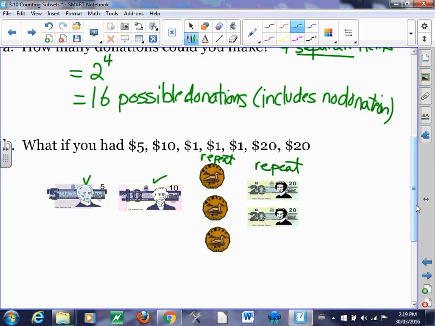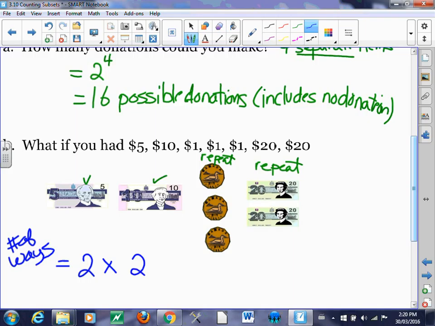So you have to deal with that a little differently, and don't worry, I'm going to give you a formula after this. To figure out the number of ways here, it's easier when you've got a distinct item. For the $5 bill, you could put it in or not, so that's two options. Times, same with the $10 bill, you could choose to donate it or not.